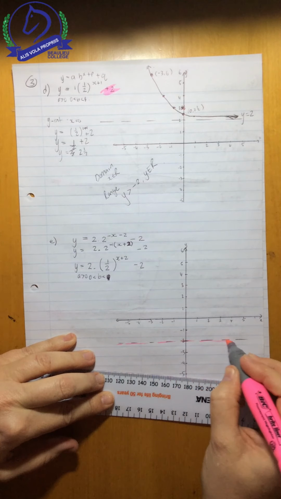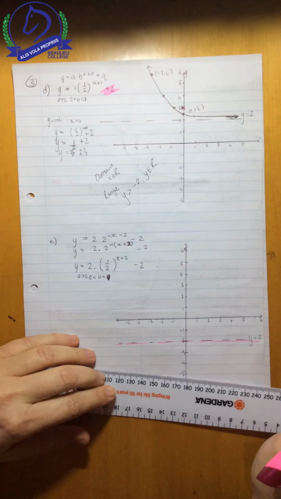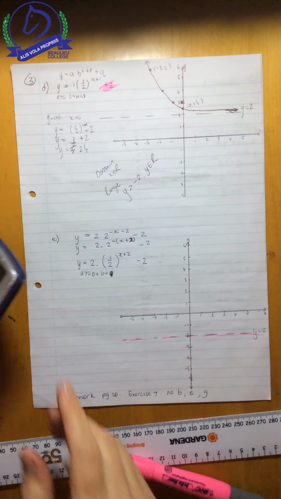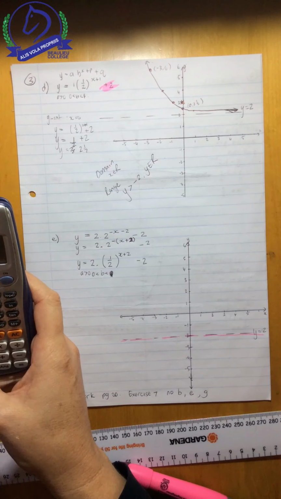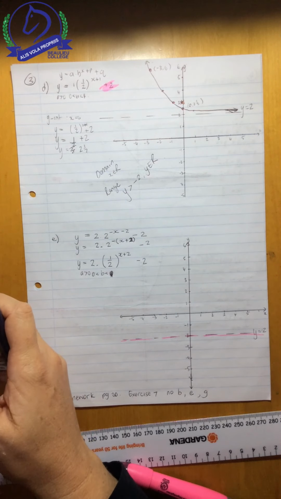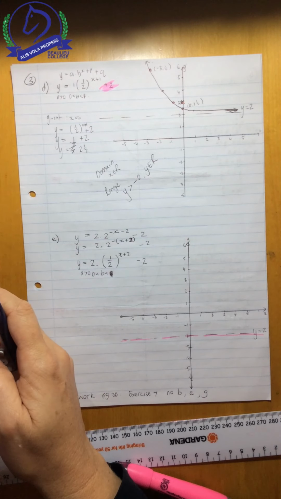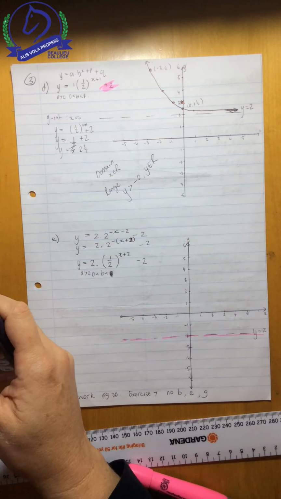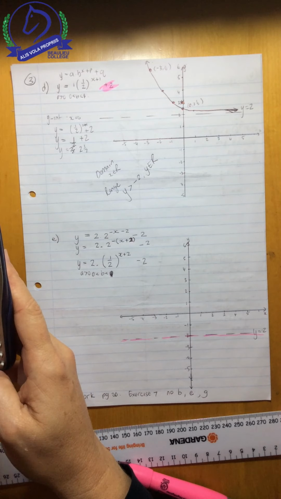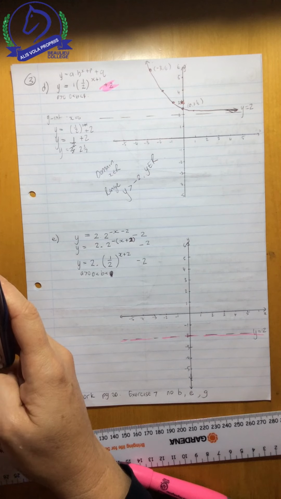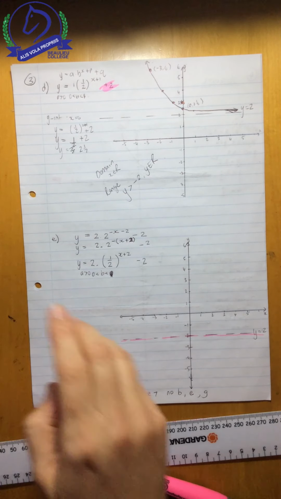There is my asymptote, and that is at negative 2. Right, so 2 times a half to the power of x plus 2 minus 2. Start at minus 5, end at 5 steps.